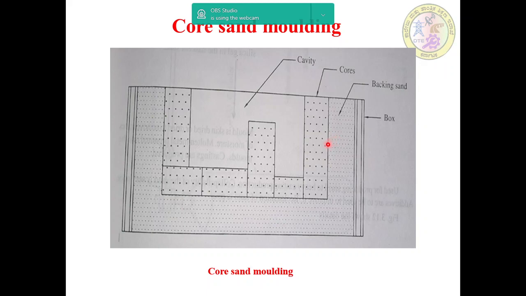The mold cavity is formed along with the gating and risering, but in the sketch I will not show the gating and risering section. And then molten metal can now be poured into the closed molds. The process of core setting is laborious and time consuming, and it is a costly process also. This is about core sand mold.